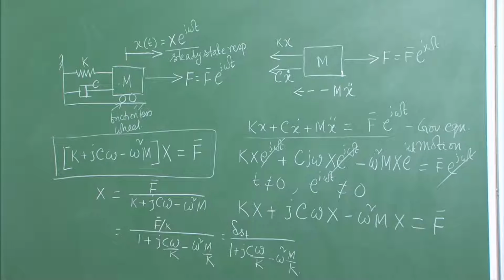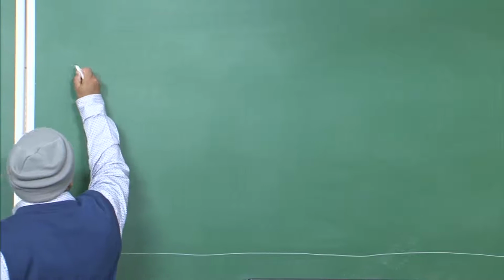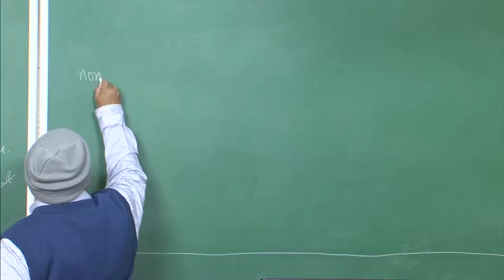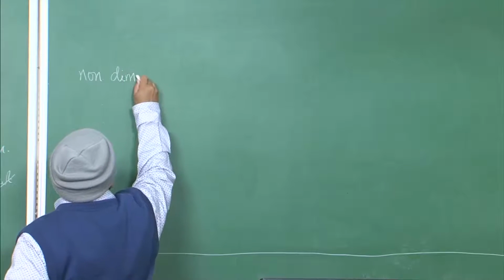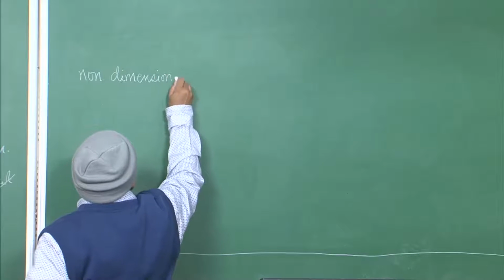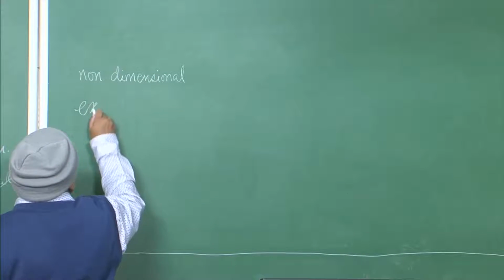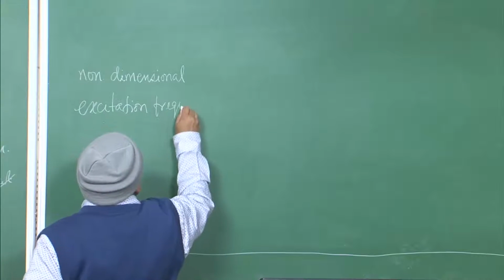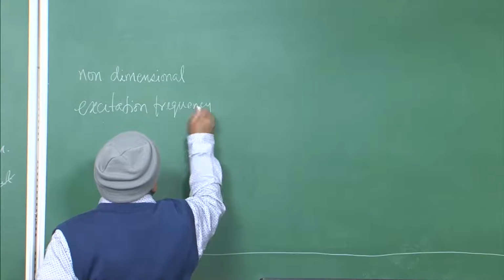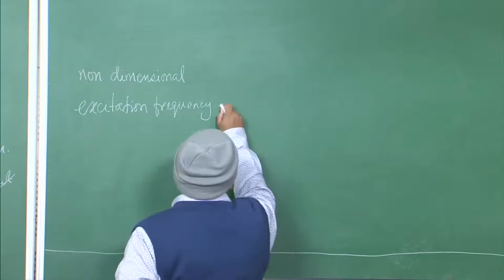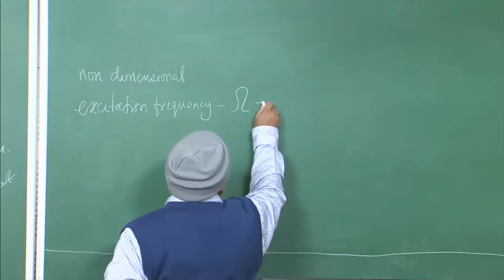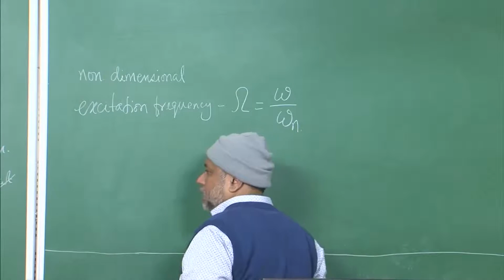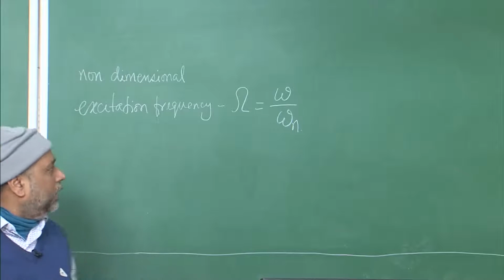First of all, we have to keep in mind that there are two things. One is a non-dimensional excitation frequency, which is also a kind of normalized excitation frequency, and we will define it as capital omega, the excitation frequency divided by the natural frequency of the system omega n.